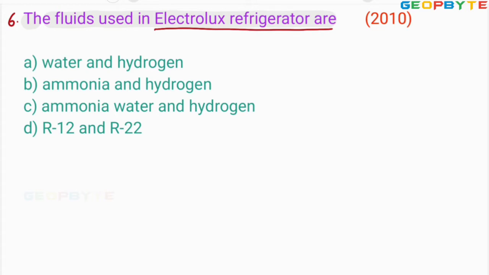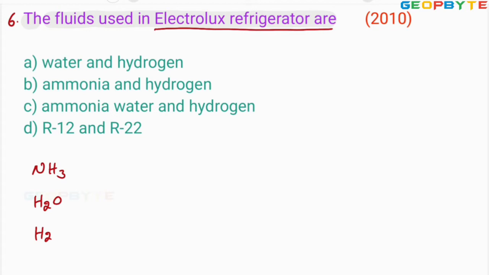For Electrolux refrigeration system, we are using three fluids, namely ammonia, water and hydrogen. That's why Electrolux vapor absorption refrigeration system can also be called a 3-fluid vapor absorption refrigeration system.